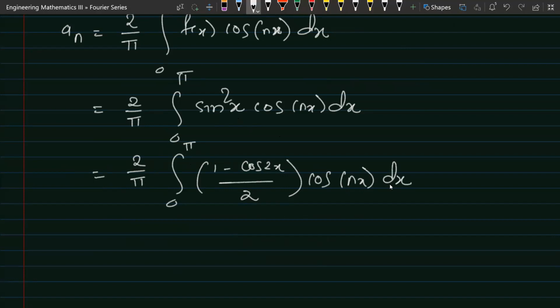That we will use. Now that 2 is outside and gets cancelled with the outside 2. So 1 upon pi, 0 to pi.